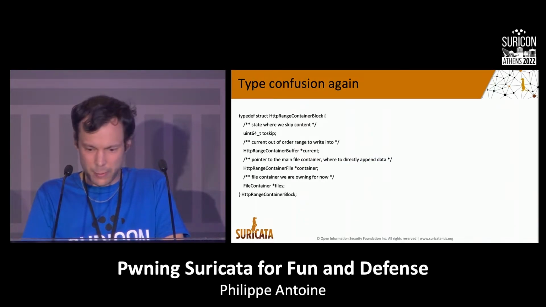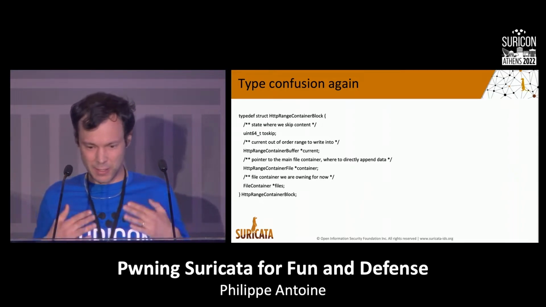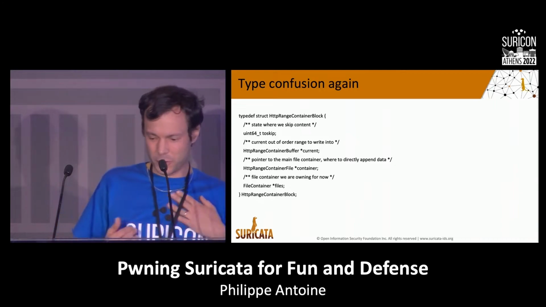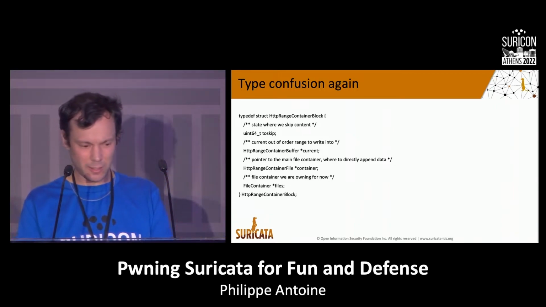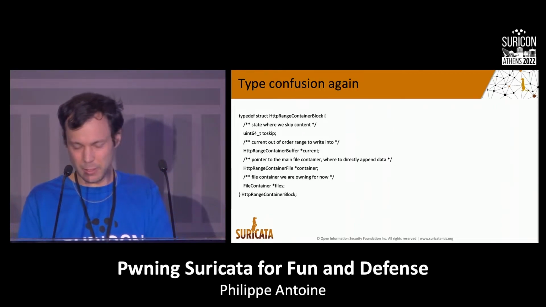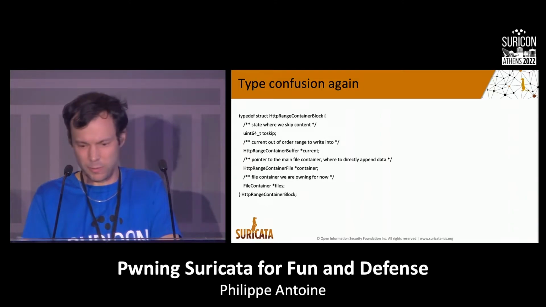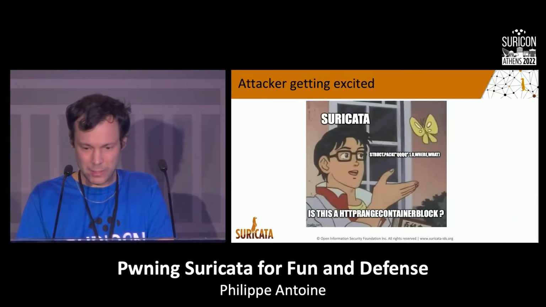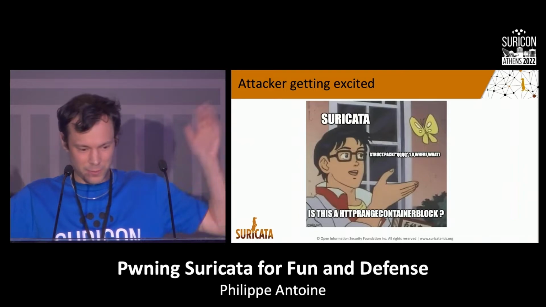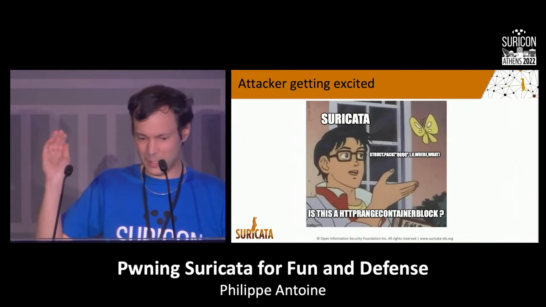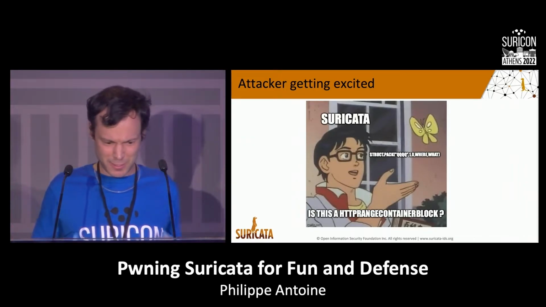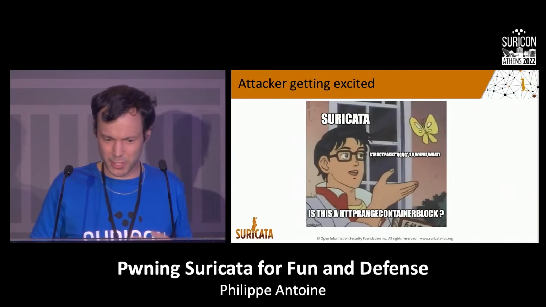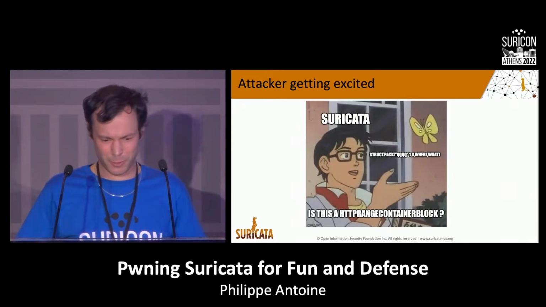So yeah, we have a type confusion again, but now we promoted this type confusion. Instead of having constraints, now we can have an arbitrary buffer without new line. And so we can pack this structure and say to Suricata, this is a HTTP range container block, and I put whatever I want.